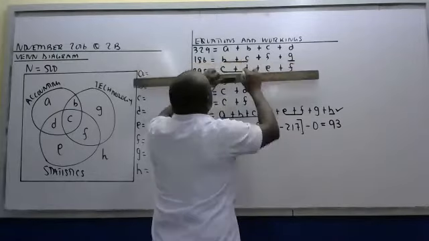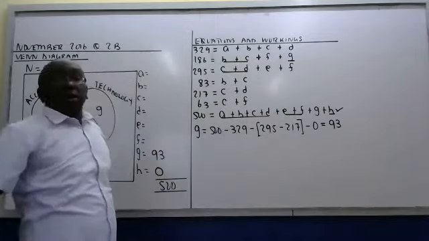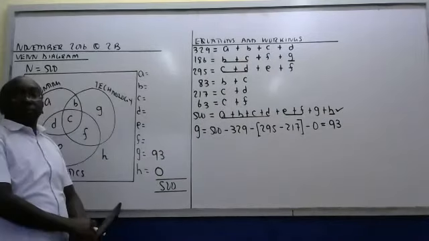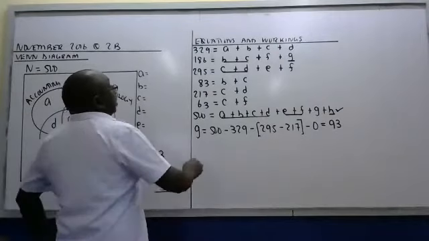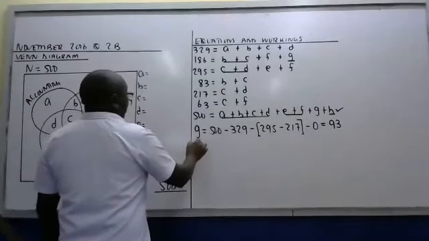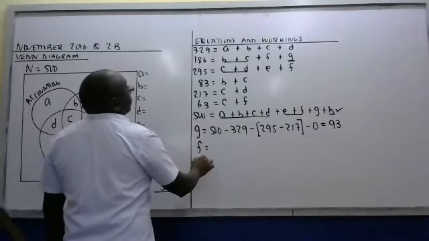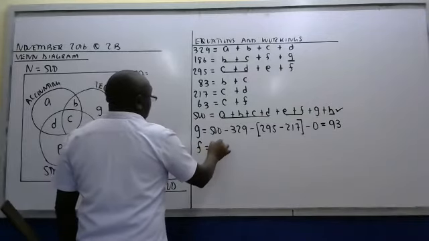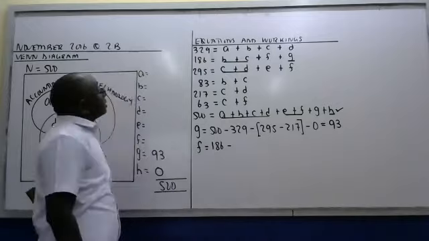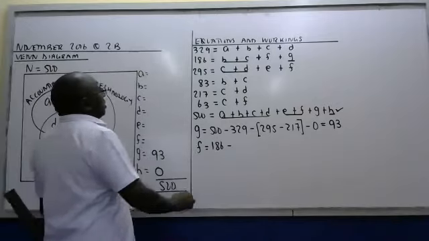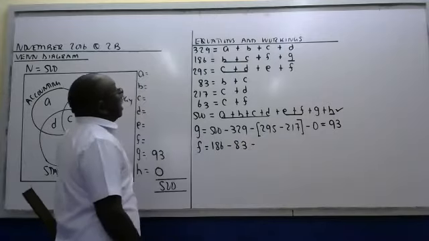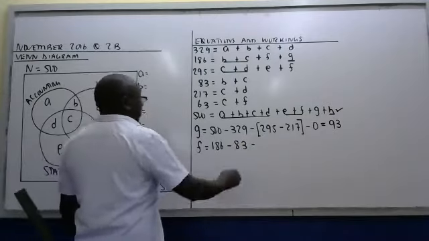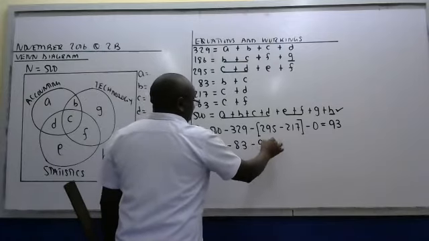And we also know BC. BC is also known. So we are able to get F as 186 minus BC, which is 83, minus G, which you have gotten as 93.